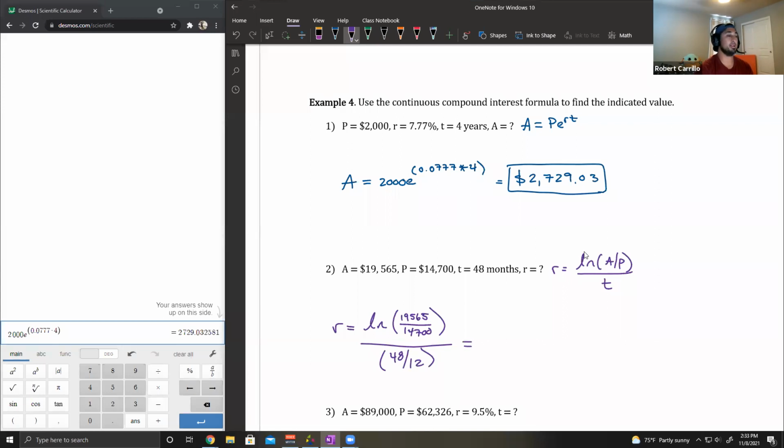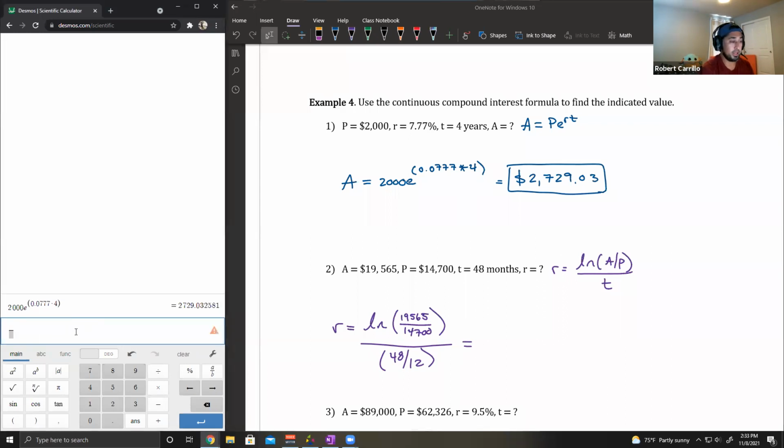Okay, now here's how we're going to type this in Desmos. So make your fraction button and then say natural log, parentheses, do another fraction and do 19,565 over 14,700, close that parentheses. And then down below, we'll just put over 4.